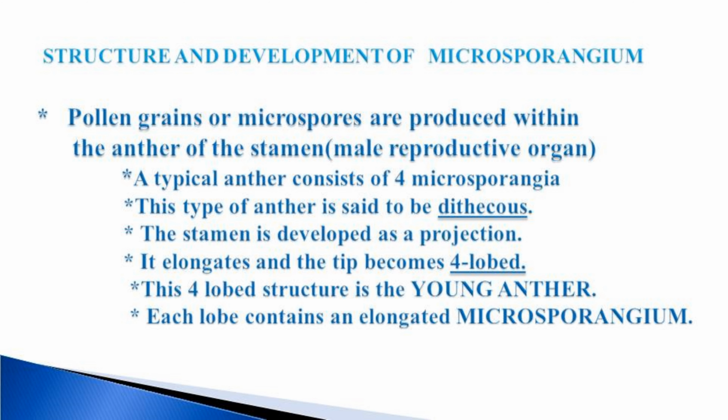As you learned, dithecus, di means two, theca means chamber. The stamen is developed as a projection first, and then it elongates and the tip becomes four-lobed structure. This four-lobed structure is the young anther, and each lobe contains an elongated microsporangium.